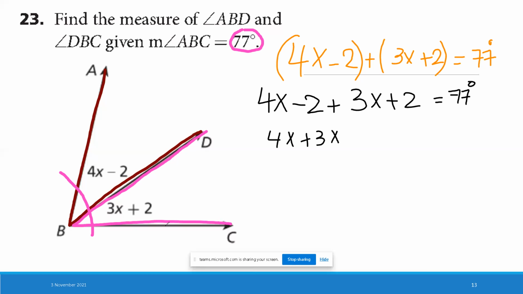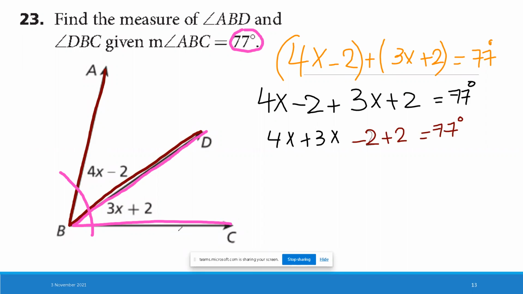And then negative 2 plus what? Okay, just a minute, please. So 4x plus 3x minus 2 plus 2 equals 77. So Tamara combined the like terms with each other.